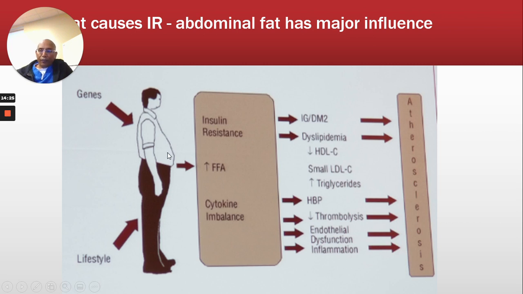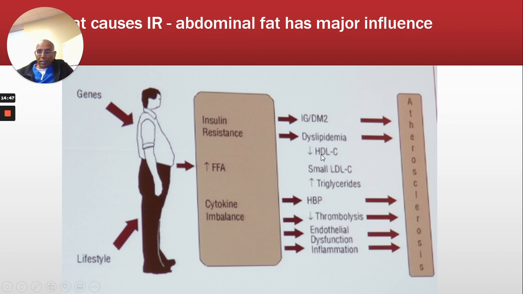There are increased free fatty acids floating in the system, in the blood, and that causes the problems. Now, people are sitting more over time, not actively working, and it's the genetics and the lifestyle that influence the problems and increase the free fatty acids, leading to dyslipidemia.